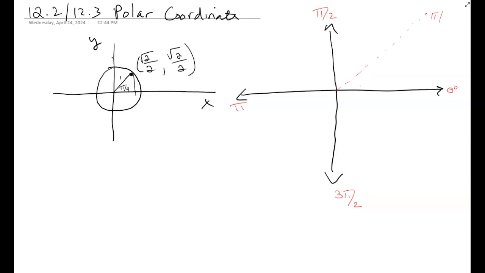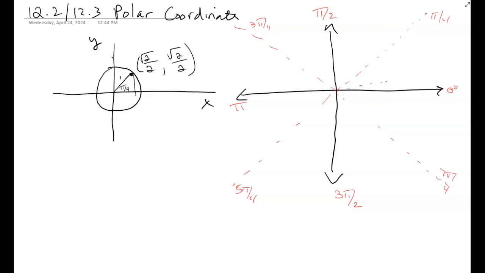This is the angle pi over 4, and we can have all kinds of angles around our axes. This angle here will be 3 pi over 4, and you get the idea, 5 pi over 4, and you would go all around. This one is 7 pi over 4. Okay, and then you would draw other angles.